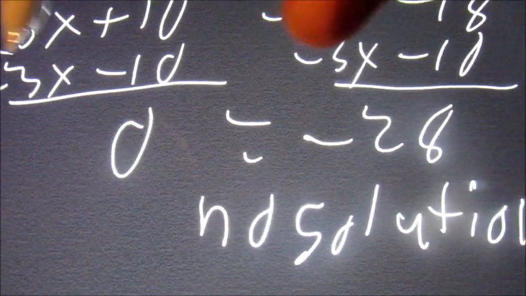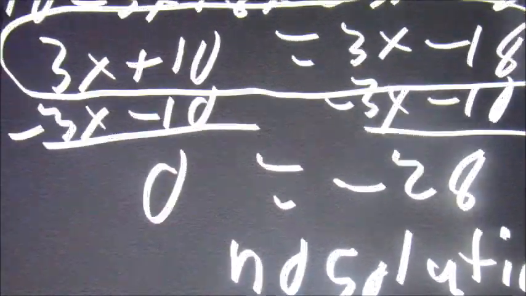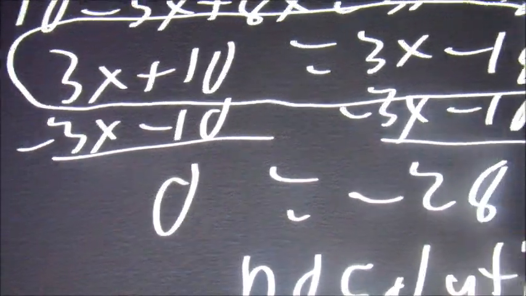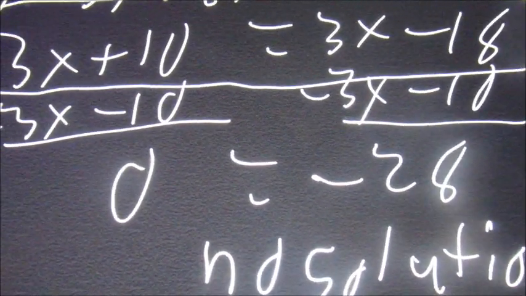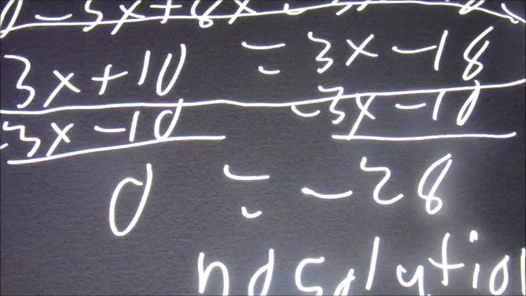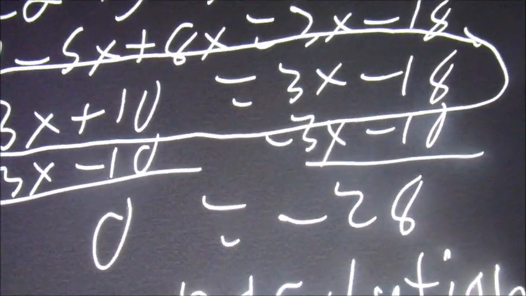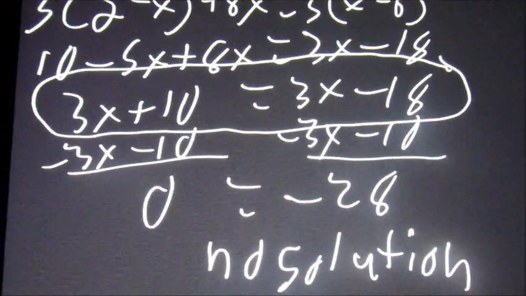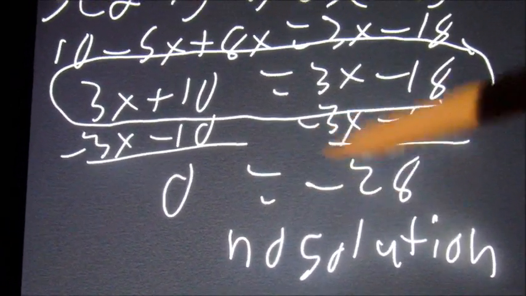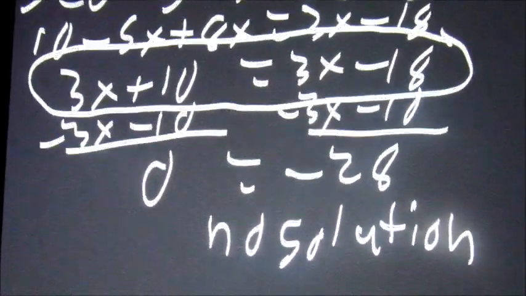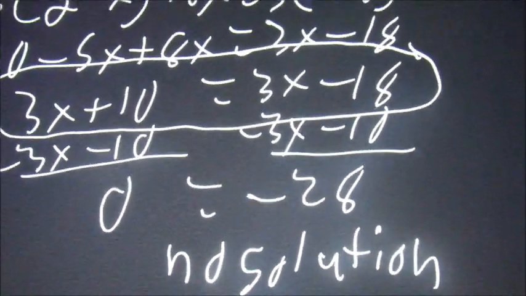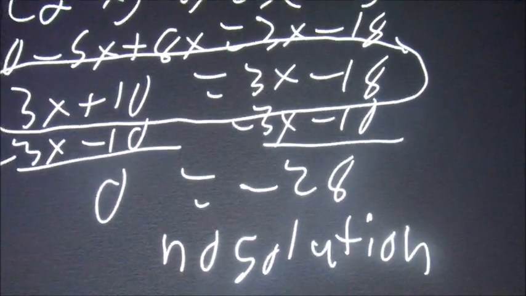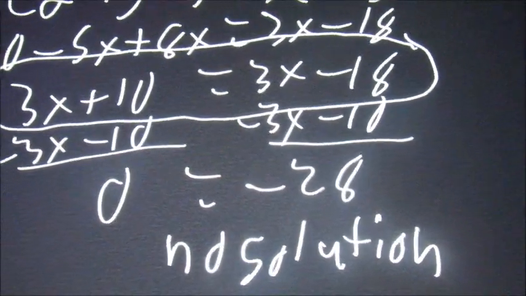When you get to this point where you have the same number of x's equals the same number of x's, but the numbers, the constants are different, that's where you can stop and say that there is no solution. You could, on this one, work all the way and say, wait a minute, 0 doesn't equal negative 28, or 5 doesn't equal 7, so there's no real answer.